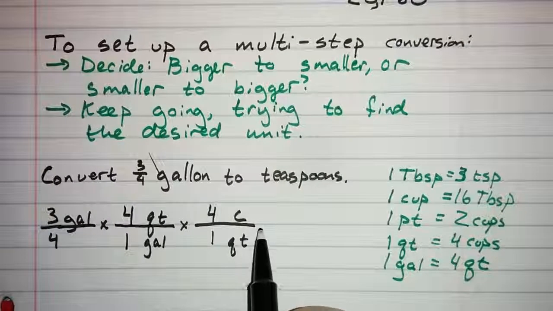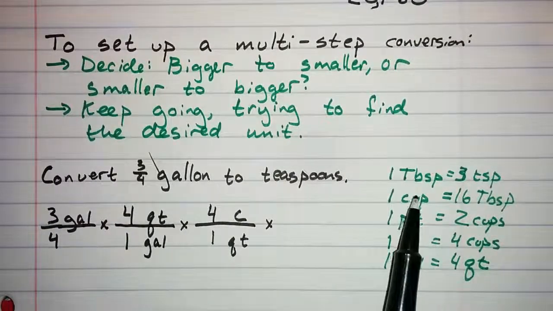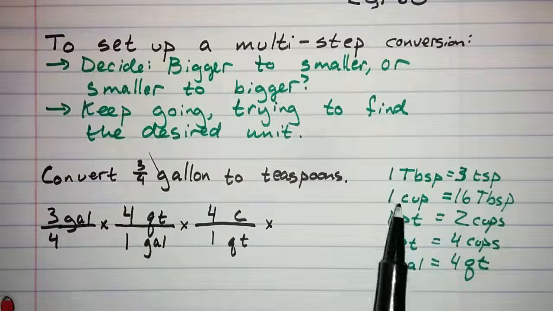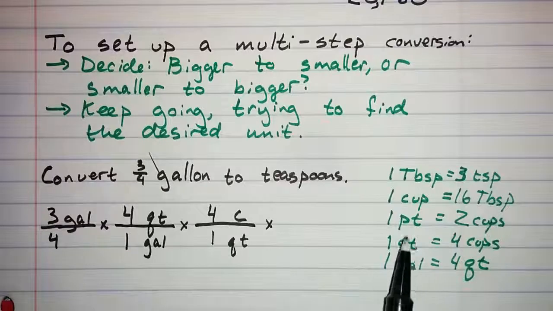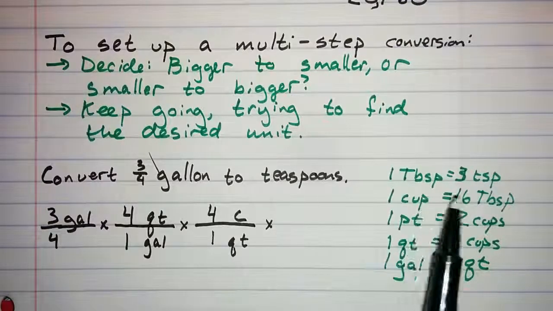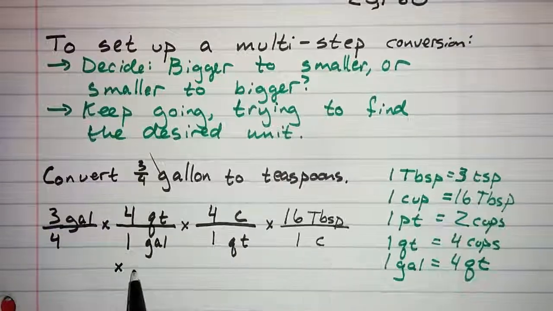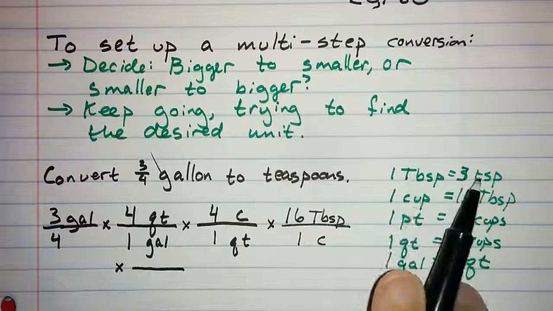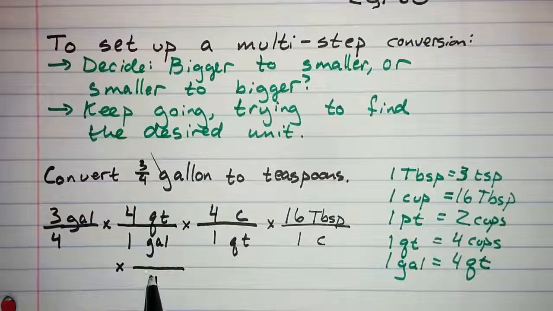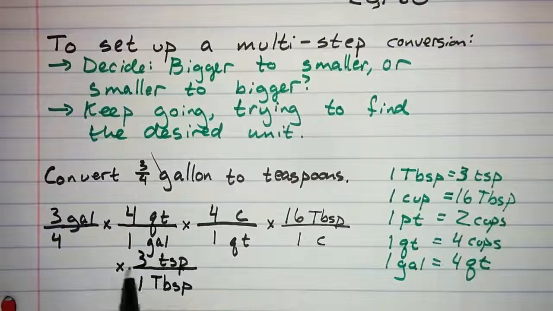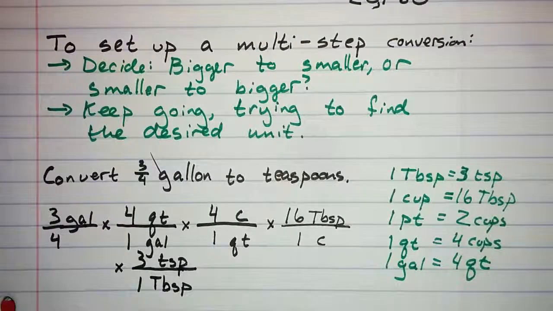There we go. From cups, I can go up to pints or quarts. I can go down to tablespoons. Pints and quarts are both bigger, so I want to go down to tablespoons. And then, from tablespoons I can go to teaspoons. 1 tablespoon is 3 teaspoons.